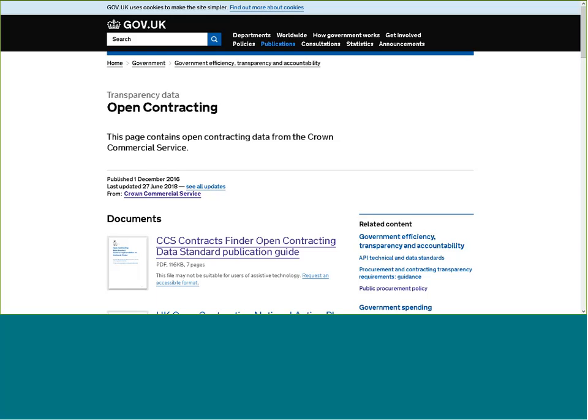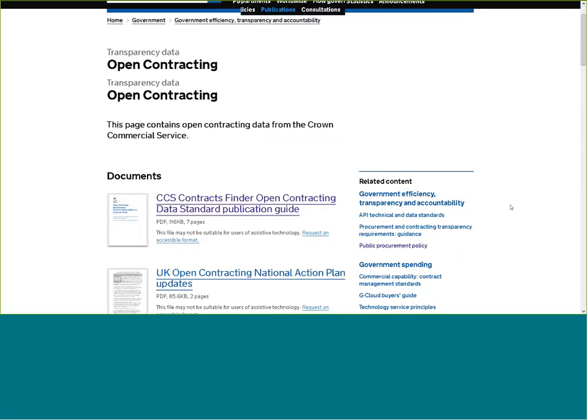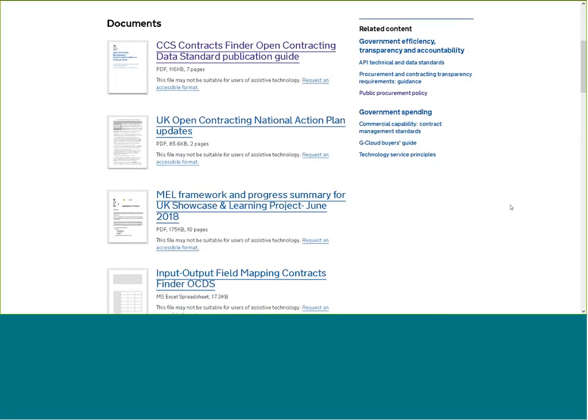So one of the things that we end up with these regulatory requirements and policy initiatives is a need to explain them to folk. So that drives us having information available on our gov.uk system, and that is one of the reasons why, when we got involved in open contracting, we needed to have a page on there that focuses our attention, as you can see.